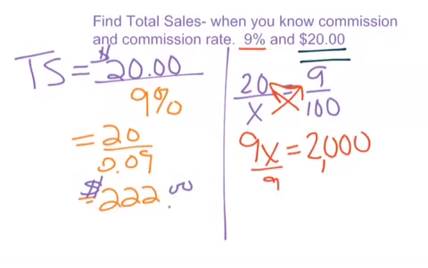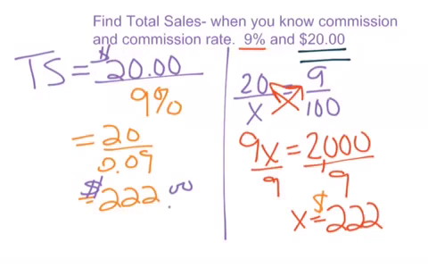We're going to divide by 9, and x is going to equal about $2,200, about $222. Make sure to add those zeros at the end too. Either way works.